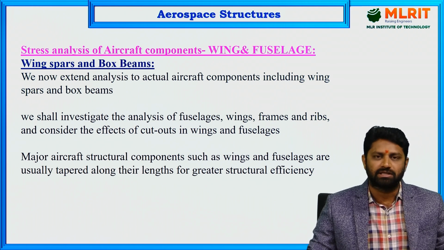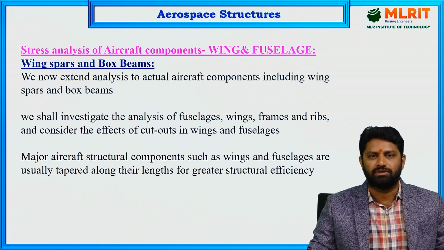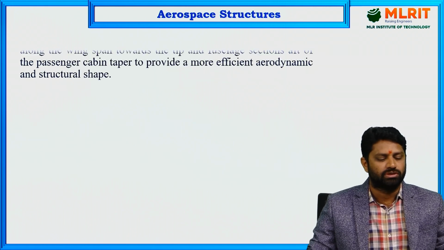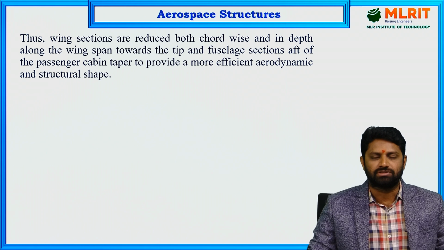So the major aircraft structural components such as wings and fuselage are usually tapered along their lengths to improve the structural efficiency. Therefore, the wing sections are reduced both in chordwise direction as well as in depth, that is along the wingspan towards the tip, and the fuselage sections aft of the passenger cabin taper to provide a more efficient aerodynamic as well as structural shape.